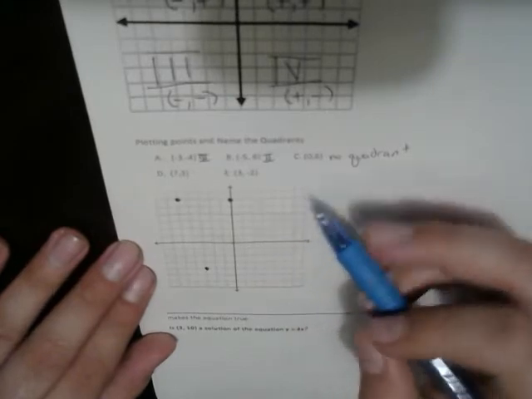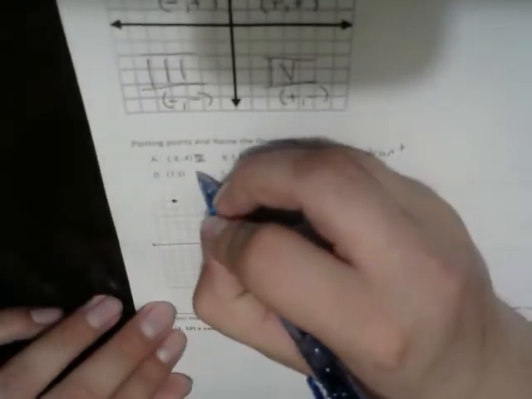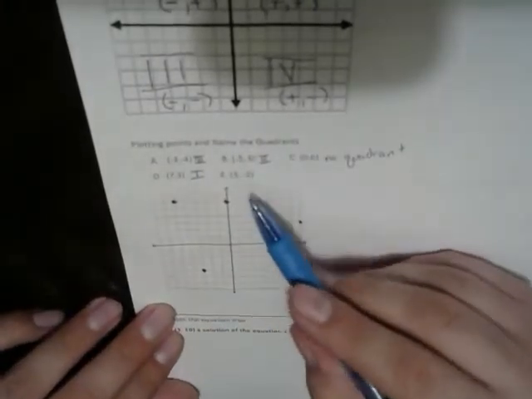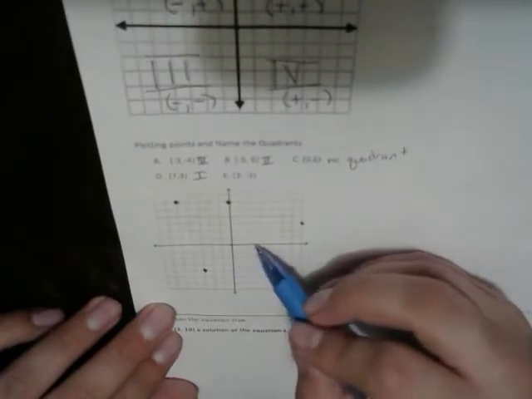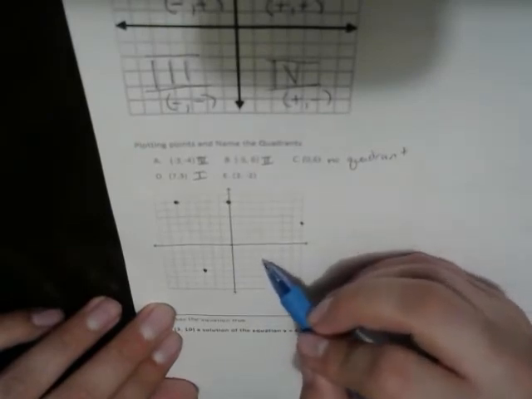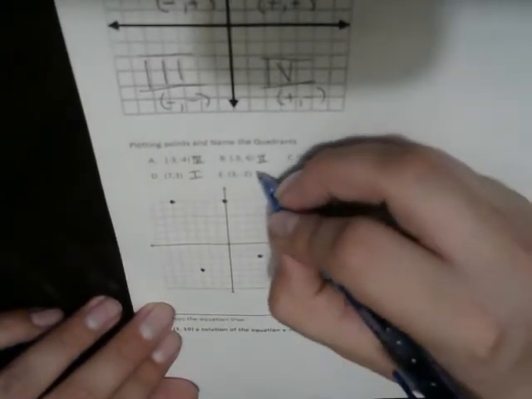Up 1, 2, 3. What quadrant is that? Quadrant 1. Finally, 3, negative 2. 1, 2, 3. 1, 2. That is in quadrant 4.